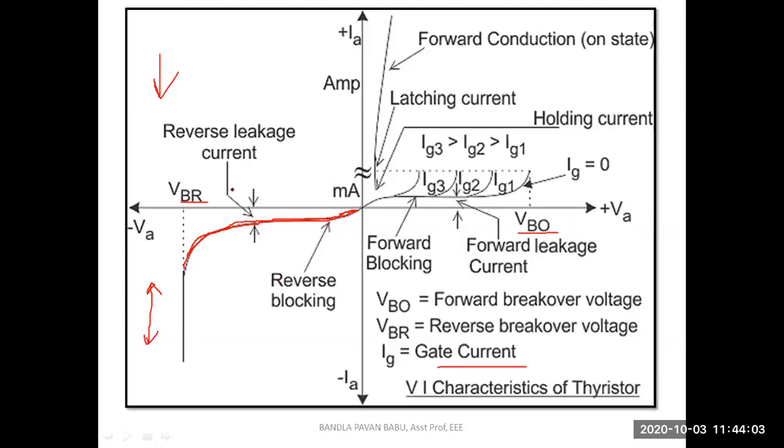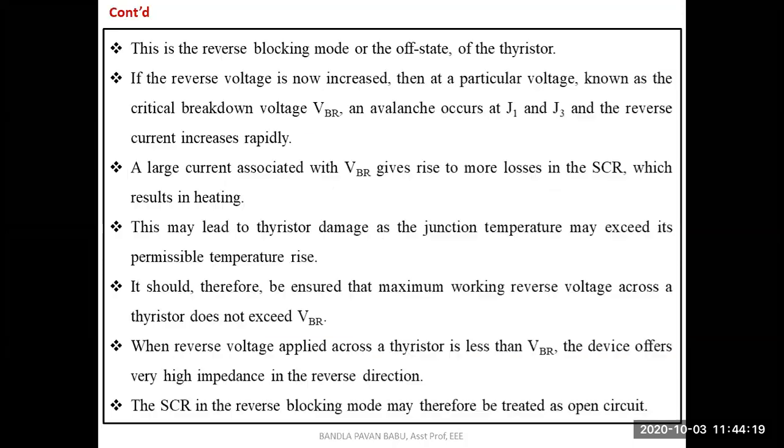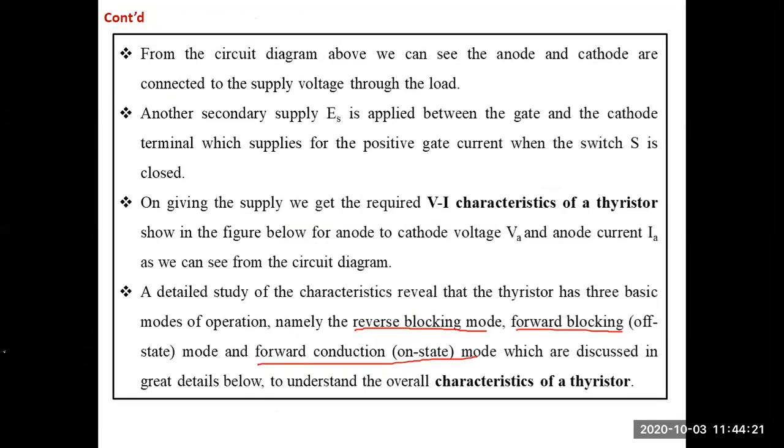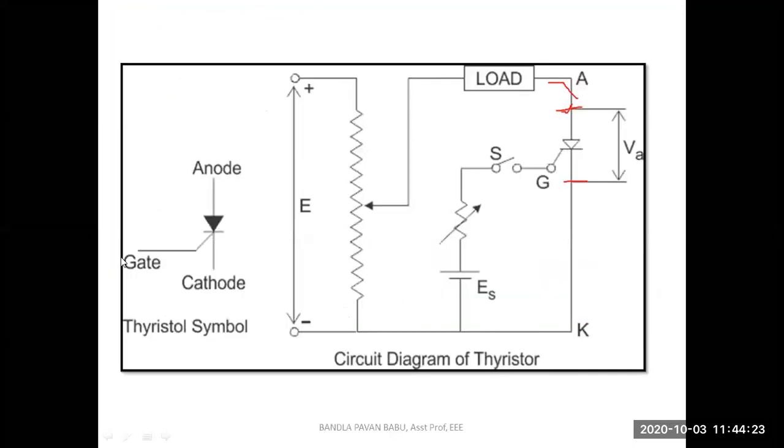What we notice here is that the switch is not conducting. Only a small amount of leakage current flows in the reverse direction through the switch, which cannot be considered as the main load current. So that is the statement we frame here: when the anode is negative and the cathode is positive, it is in reverse bias mode.